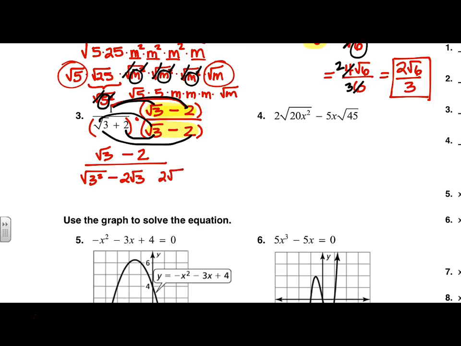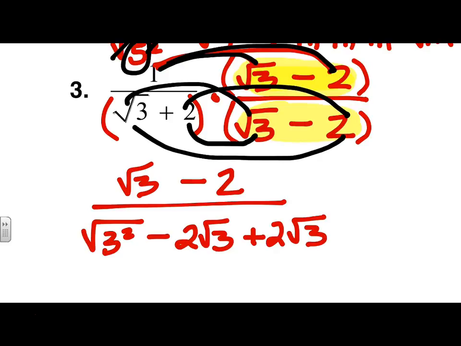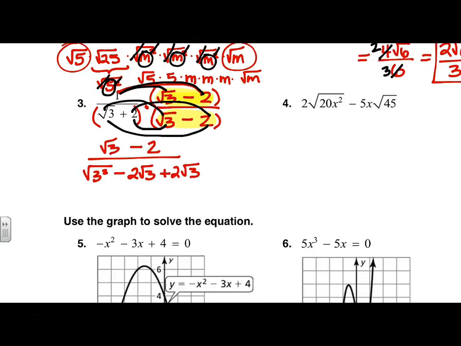One's outside, one's inside. I have to keep it that way, but there's a plus now because it's a positive times a positive. You guys see the smiley face coming? There it is. It's right there, right? Remember our foil? Remember our little guy? He has a little nose. He has a little smile. Okay? It's just foiling. When I multiply last, positive 2 times negative 2 is a negative 4.